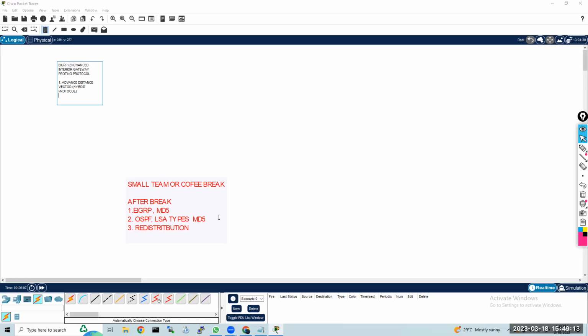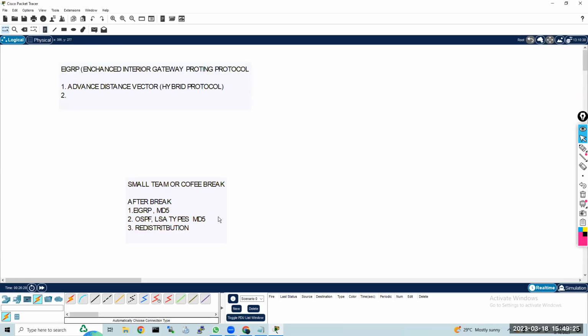It was Cisco proprietary, now it is open standard. The second point: let me write it down with the pen itself. It was Cisco proprietary, guys, now it is open standard.